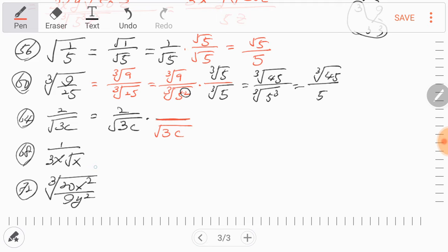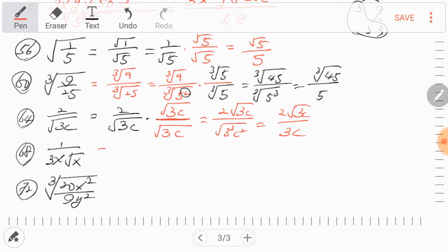So it will be 3 squared times c squared. The numerator is square root of 3c, so that is equal to 2 times square root of 3c. The bottom is what? 3c times 3c is 3 squared, c squared. So 3c is the denominator, and the numerator stays the same.